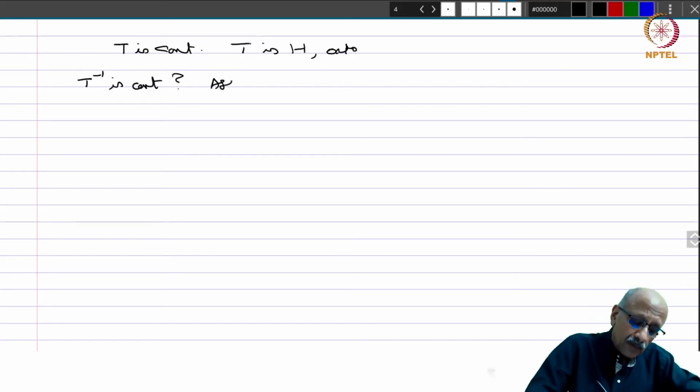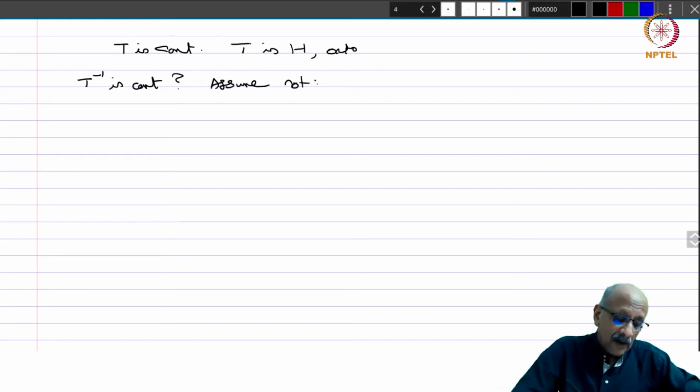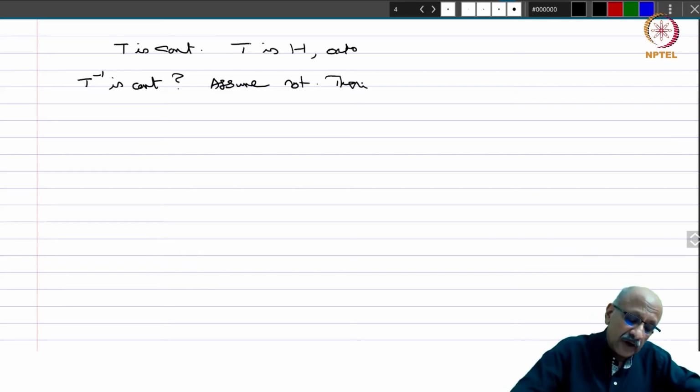So assume not. Then we saw that continuity is the same as continuity at the origin, and therefore it is not continuous at 0. What does this mean?